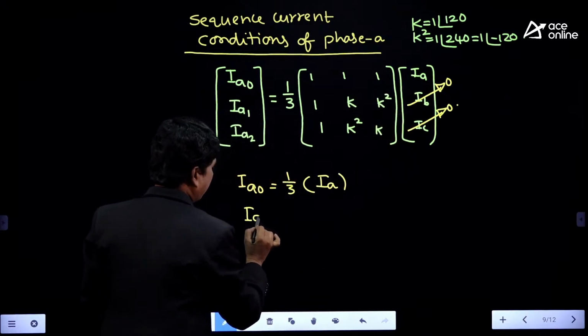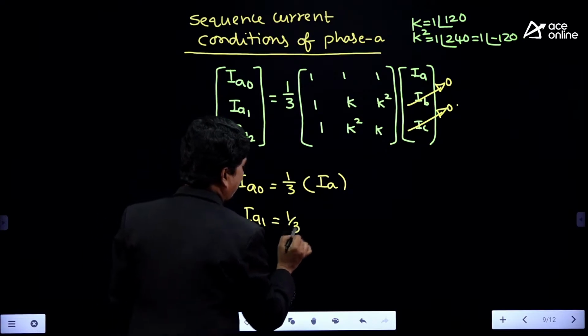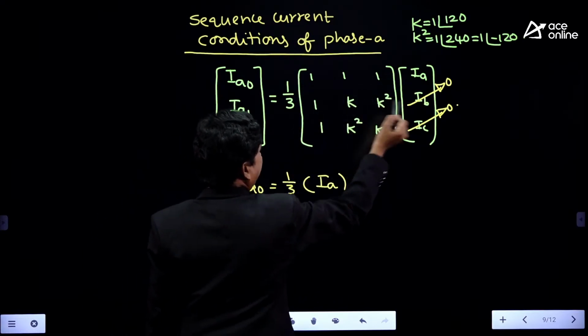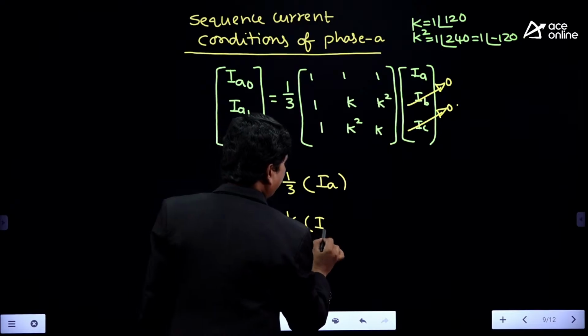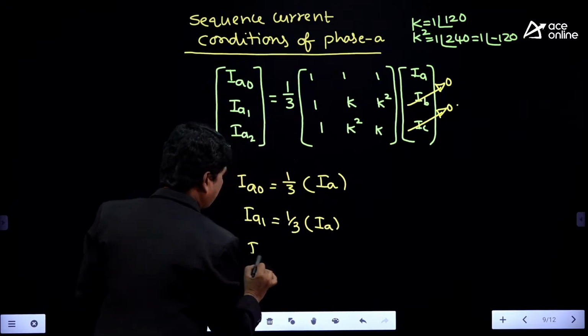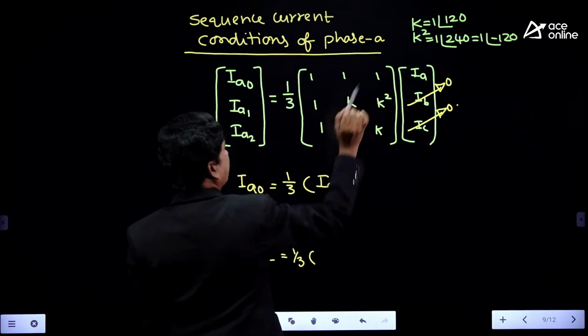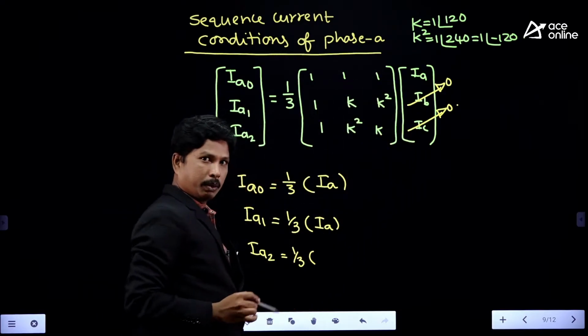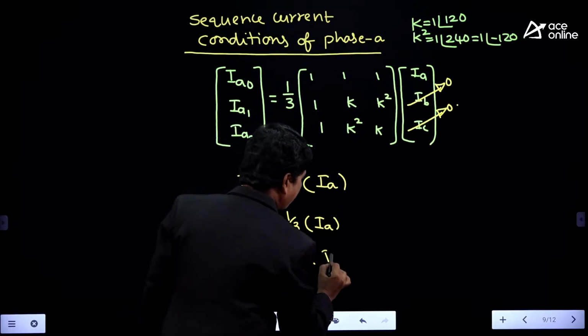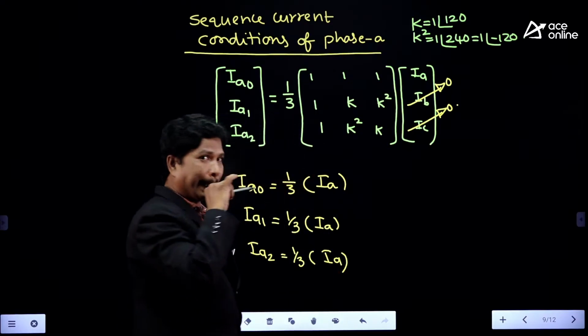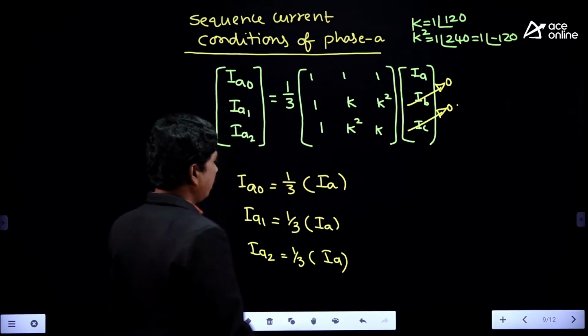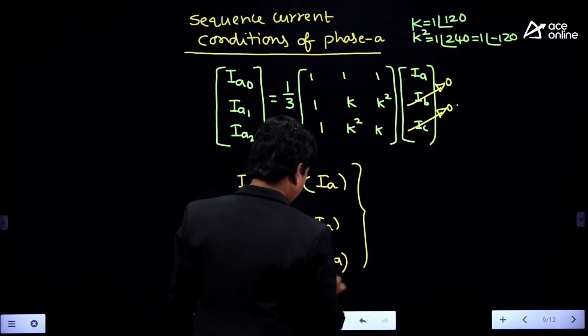And what about IA1? 1 by 3 times of 1 into IA, k into 0, k square into 0, so 1 by 3 times of IA. And what about IA2? 1 by 3 times of 1 into IA, k square into 0 and k into 0. So it is also 1 by 3 times of IA.